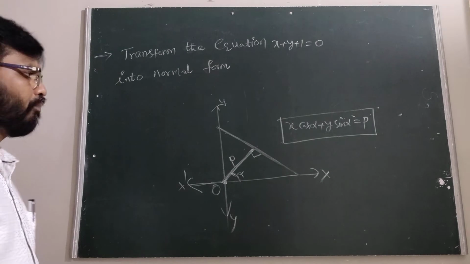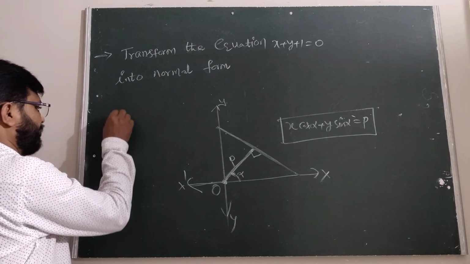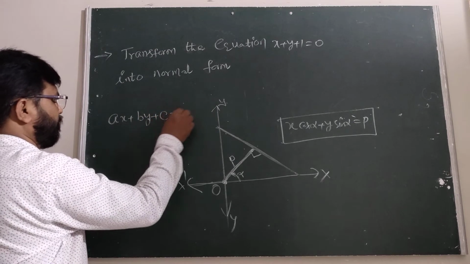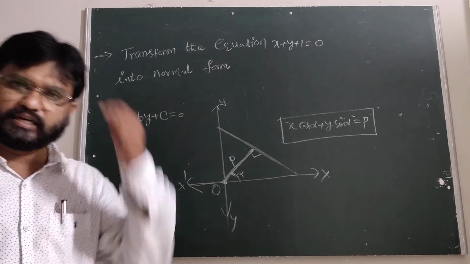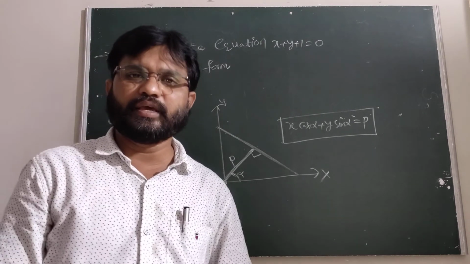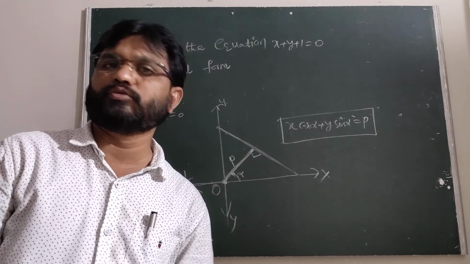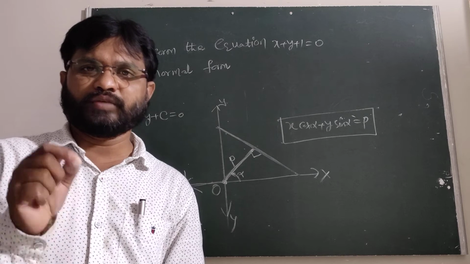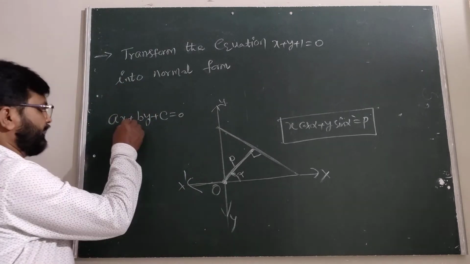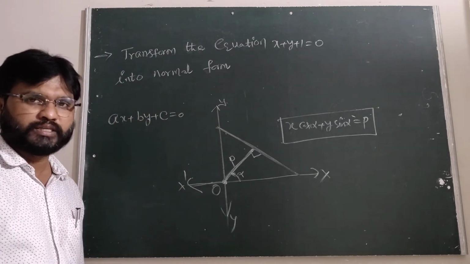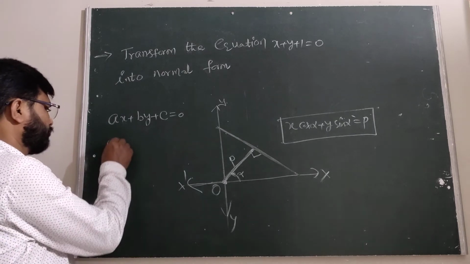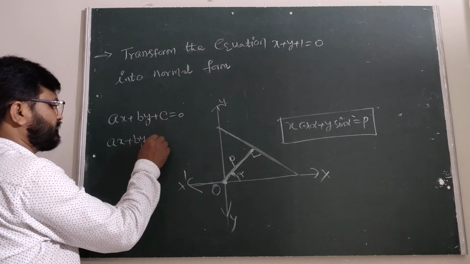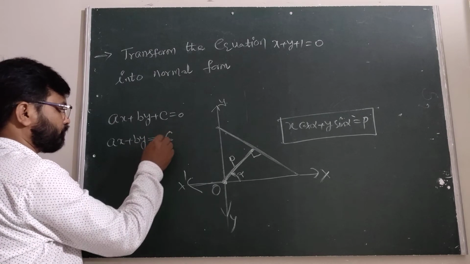Then we also completed the first degree equation in x and y, that is ax plus by plus c equal to 0. Please concentrate. The first degree equation in x and y always represents a straight line. We can write it in the normal form: ax plus by equals minus c.